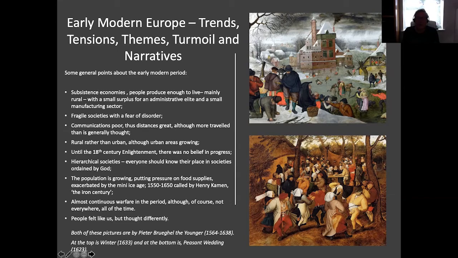There was very little in the way of luxuries for very many people. They're mainly rural societies with a limited urban element, although that was growing. They produced a small surplus, essentially, for an administrative elite and a small manufacturing sector. I put a couple of pictures in of rural life.